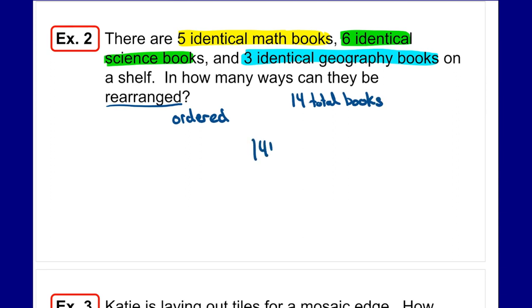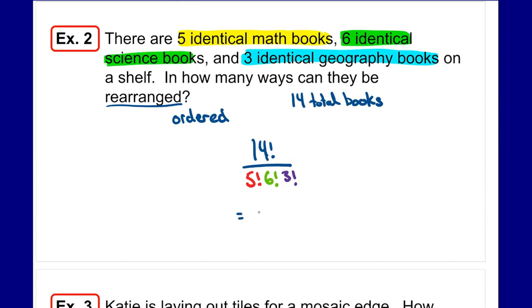So 14 factorial divided by, well, we have the 5 math books, so divided by 5 factorial, divided by 6 factorial, and lastly divided by 3 factorial, right, for the different identical objects.